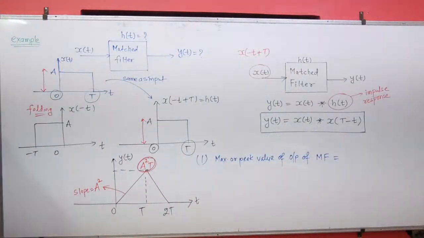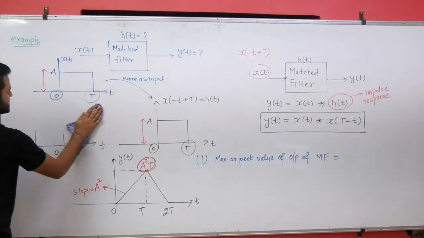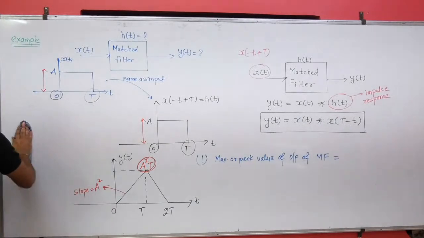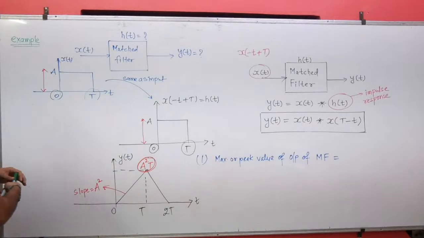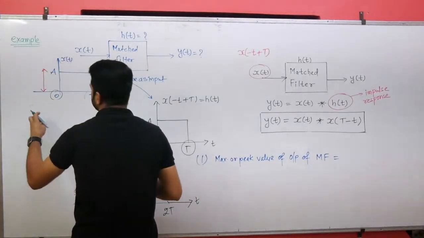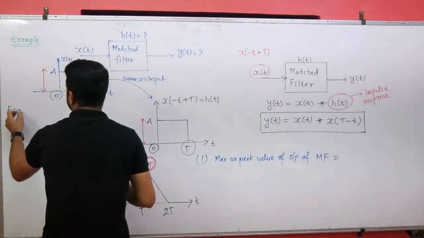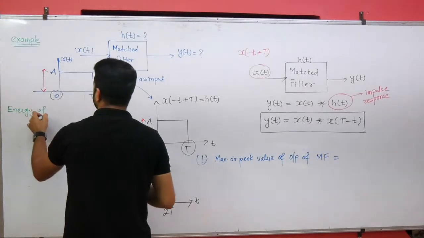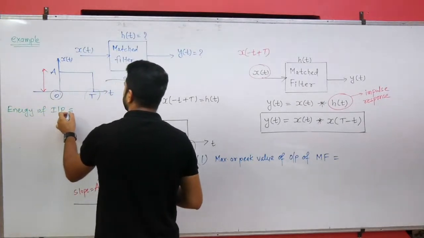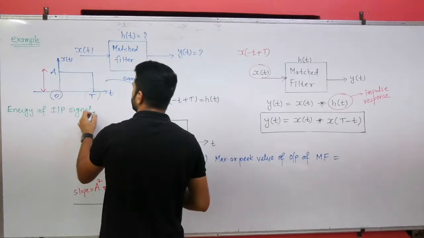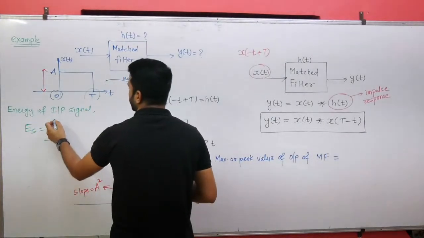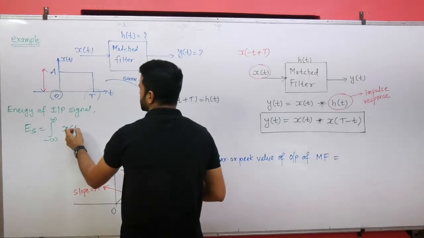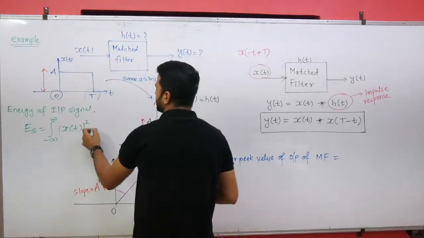Now suppose I calculate the energy of the input signal. If I ask you to calculate the energy, what is the energy of the input signal? The energy of the input signal is E_s equal to the integral from minus infinity to infinity of magnitude x of t squared dt.